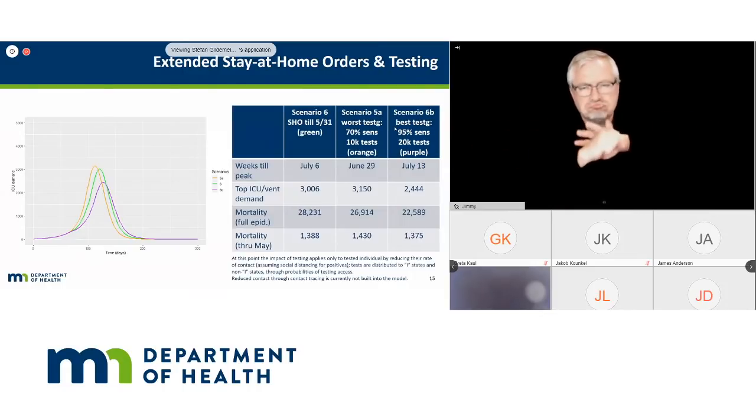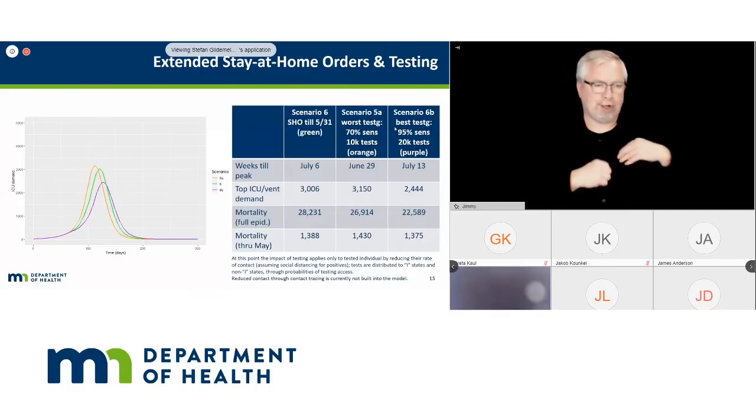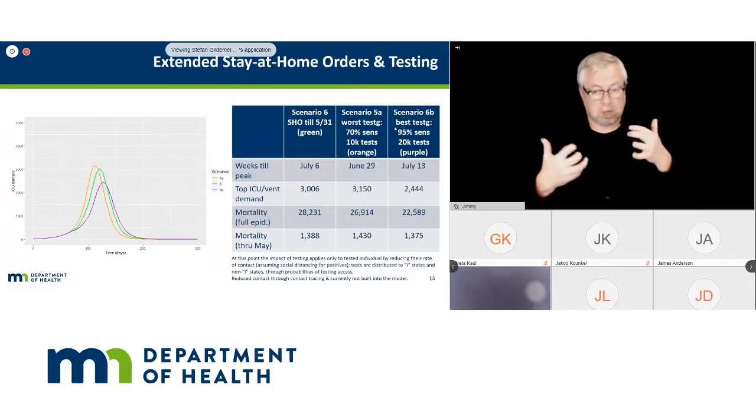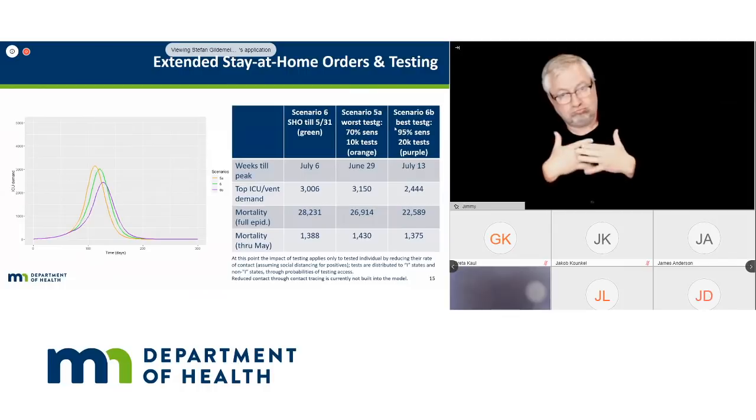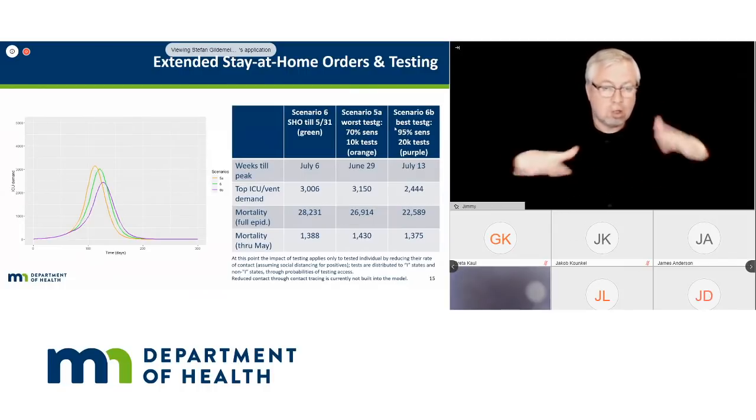That's where we're getting that 3,000 or 2,400 number from. So if you wanted to fully accommodate the full ICU demand over the course of this epidemic, that would be the capacity you would want to plan for.